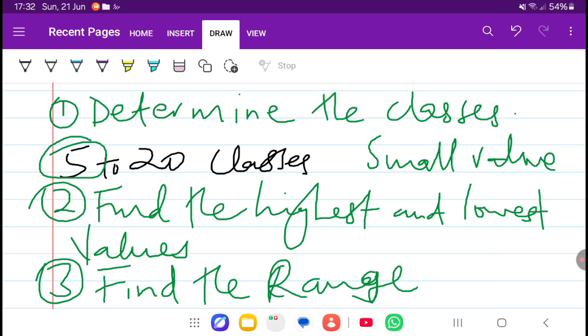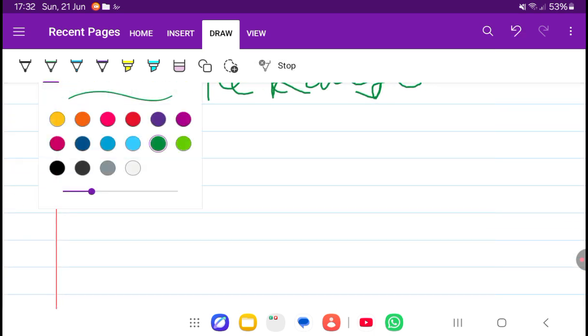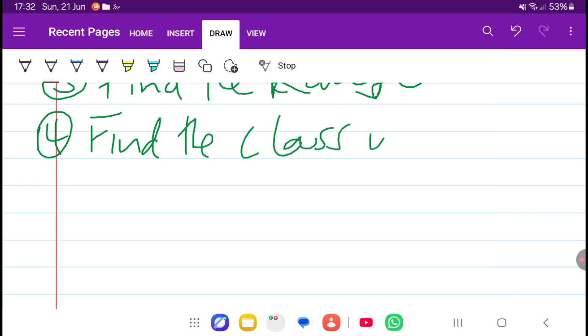So now the fourth step, step number 4, is for us to find the width, to find the class width. Of course, how do we find the class width?